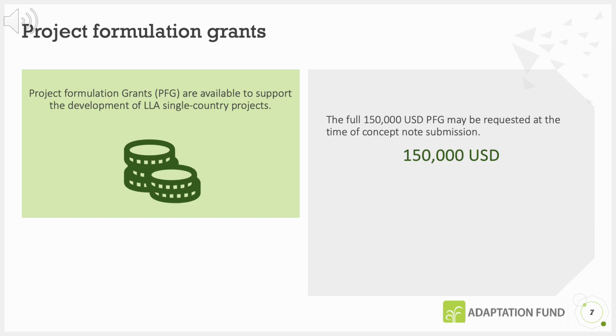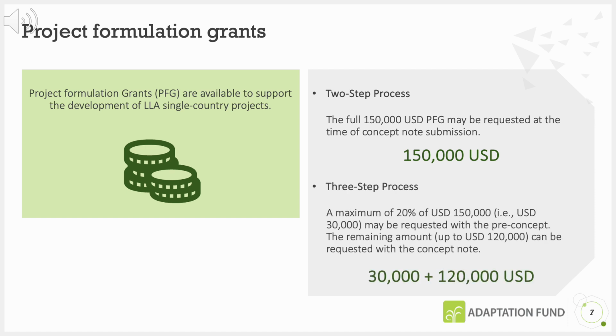In the 2-step process, the full PFG of $150,000 may be requested at the time of concept note submission. In the 3-step process, a maximum of 20% of the PFG, this is a maximum of $30,000, may be requested with the pre-concept. The remaining PFG amount of up to $120,000 can be requested with the concept note.